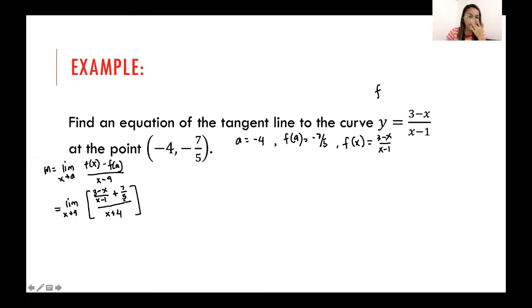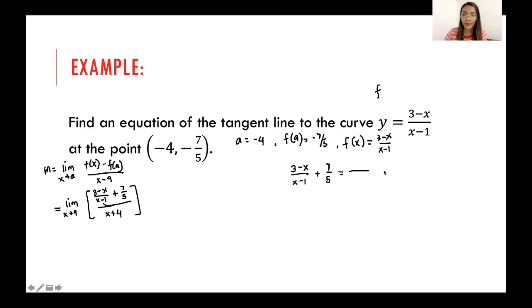Okay? So, i-simplify muna natin yung numerator. Let's simplify first the numerator. So, we have (3 minus x) over (x minus 1) plus 7 over 5. Okay? So, addition of fractions.